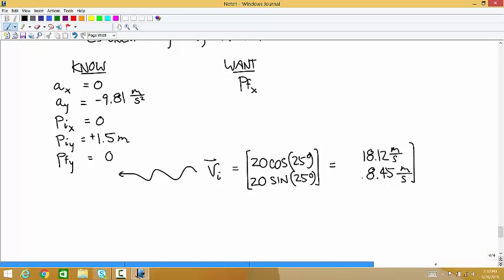So that says that Vix is 18.12 meters per second, and Viy is 8.45 meters per second. And we don't know anything about V final. Is there an equation that works with this? Like we're going to get most of the time with these problems, there's no equation that works.